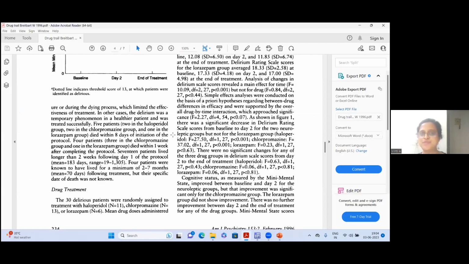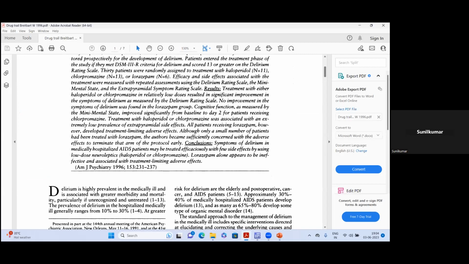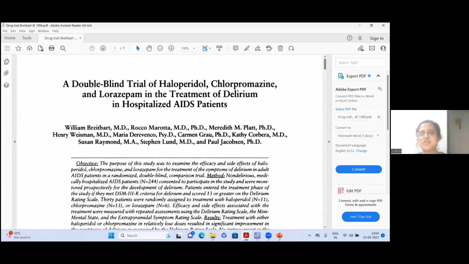Can you see my screen? Yes. Okay. So this is a paper on a double-blind trial of haloperidol, chlorpromazine, and lorazepam in the treatment of delirium in hospitalized AIDS patients. We will not get into the methodology aspect. But this paper was important today because it was looking at scales.